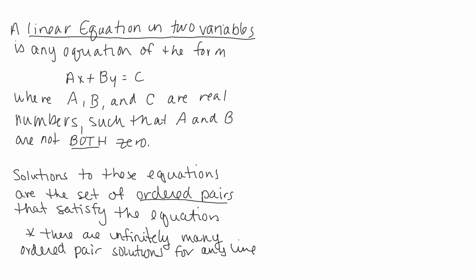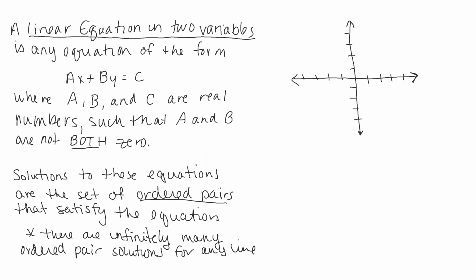So let's think about that. Let's say we have this situation here. So we have a miniature Cartesian plane. I'm showing that the x-axis goes from -4 to +4, and the y-axis goes from -4 to +4.